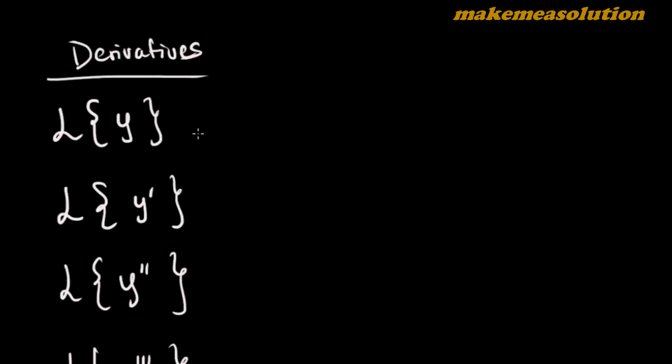Then y triple prime, which is the third derivative, then the Laplace transform for y raised to the power of n, which is the nth derivative. I just want you to observe a trend.